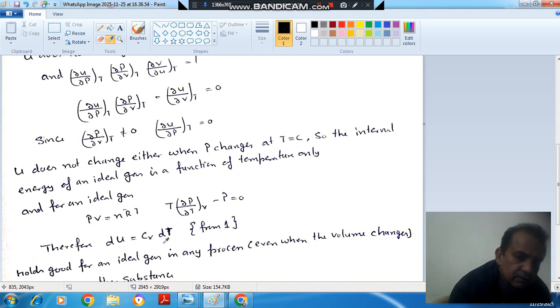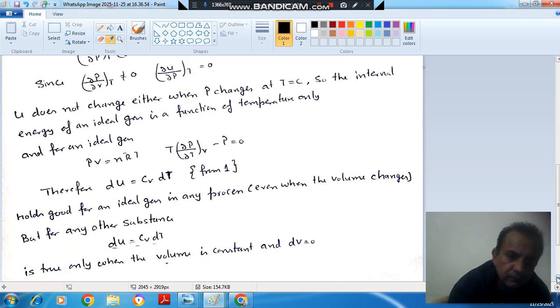For an ideal gas, dU is Cv dT, and this is valid for any process. But for any other substance, dU is equal to Cv dT is true only for a constant volume process, not for all processes. But for an ideal gas, it is valid for any process.